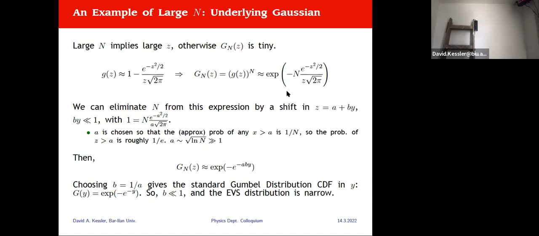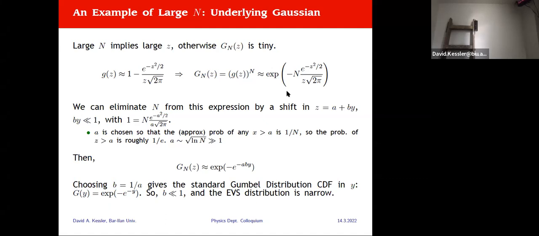The key is that a is of order square root of 2 log n, because a squared, therefore, is 2 log n. A squared over 2 is log n. E to the minus log n is 1 over n, cancels the n. And then you get logarithmic corrections and log corrections and all kinds of horrible, messy things. Or it has an exact answer called the Lambert function if you know what that is. But in any case, that defines a.